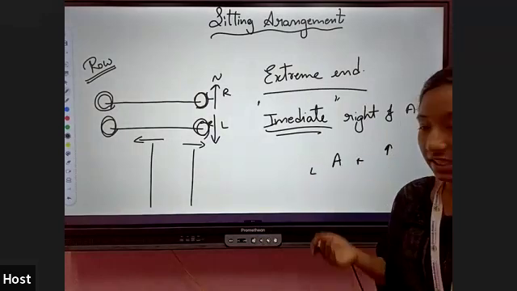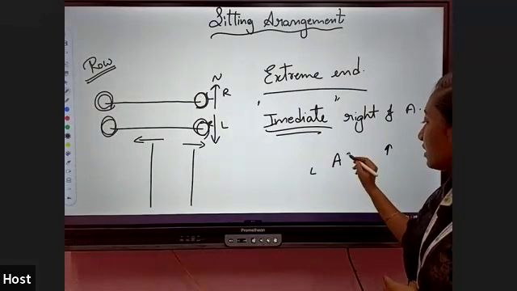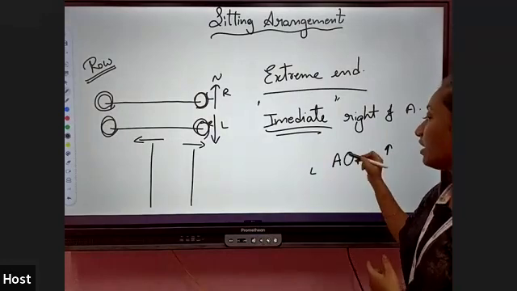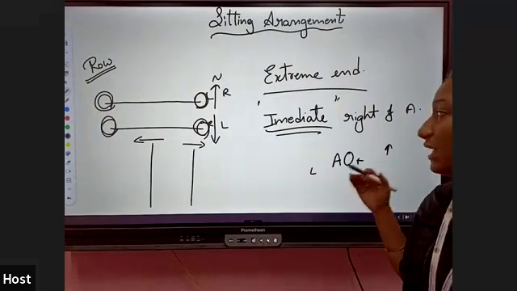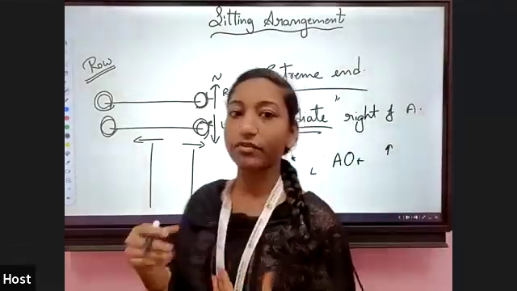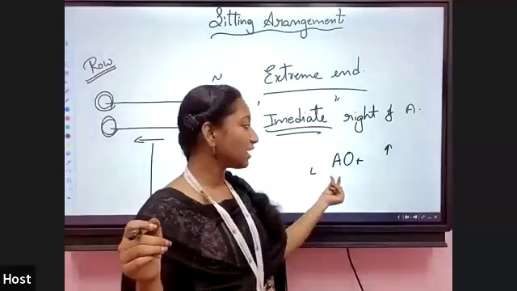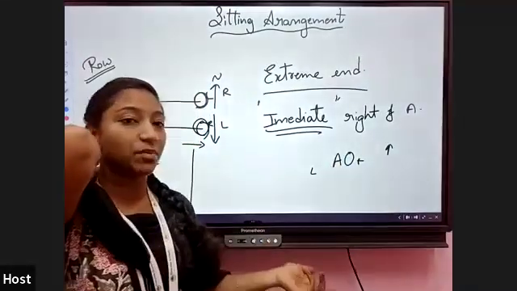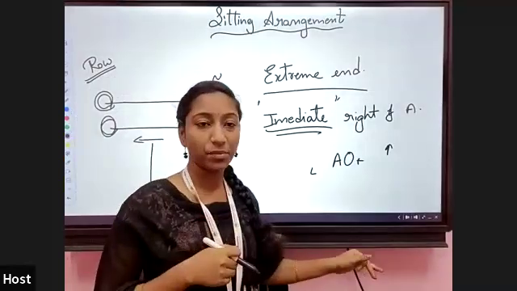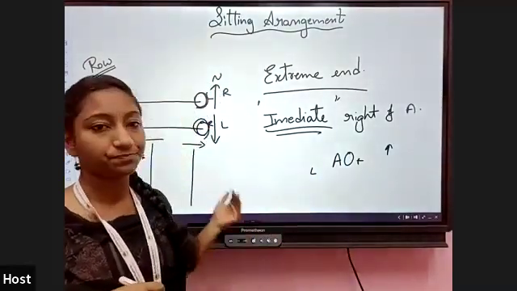Immediate right of A means the next right place of A. Immediate means the next place of that particular person. Immediate left of A means the next left place of A.